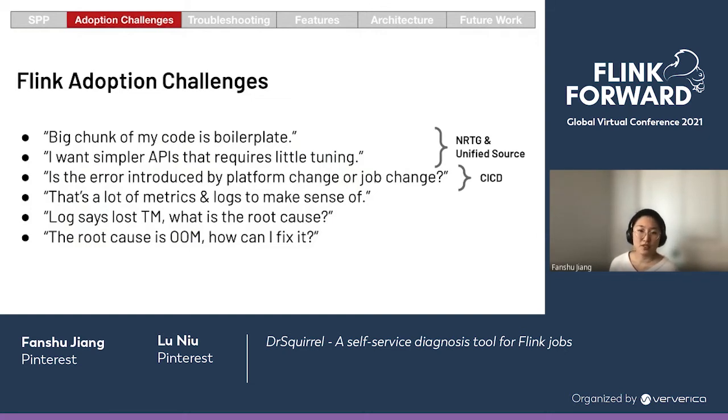So for someone who just starts coding with Flink, how could they figure that out? And how to fix it? These questions are all troubleshooting related and kept growing with more use cases, and our support load was increasing significantly. This is what motivated us to build a tool, DrSquirrel, to address these types of problems.